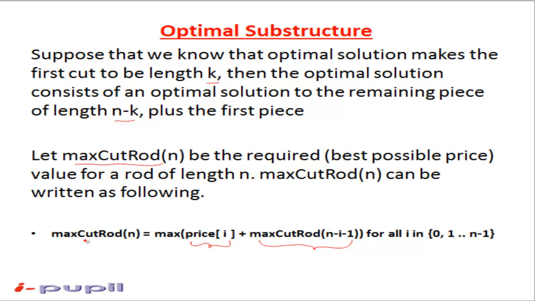This means that the best possible price of a rod of length n is equal to maximum of price of rod of length i plus the best possible price for a rod of length n minus i minus 1, where i can vary from 0 to n minus 1.